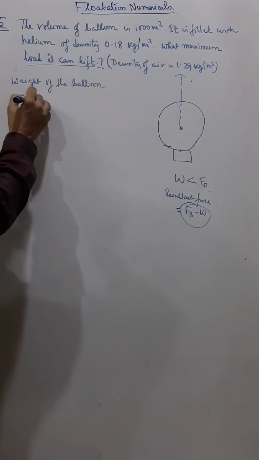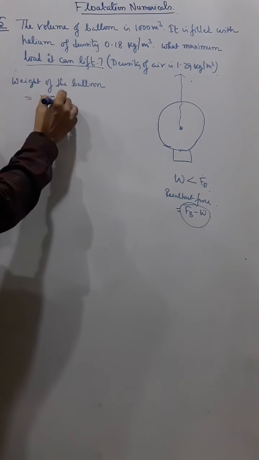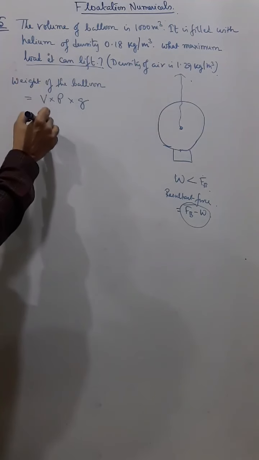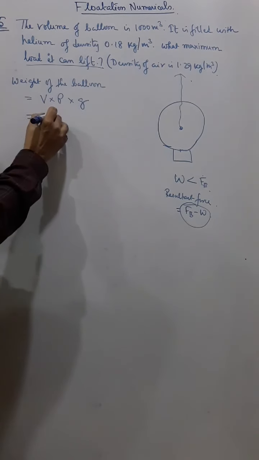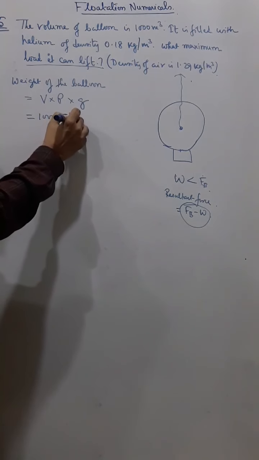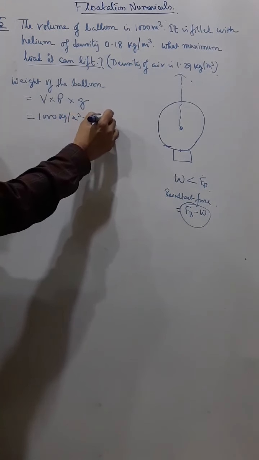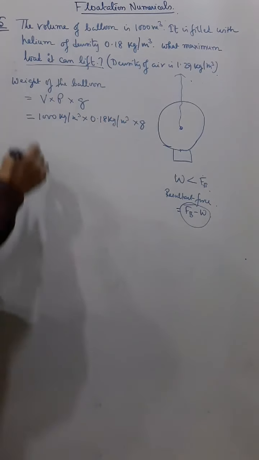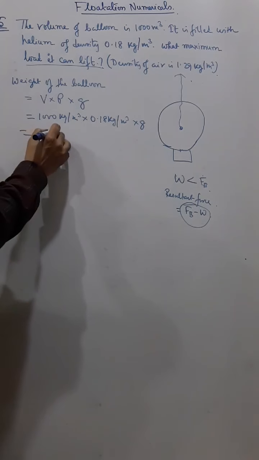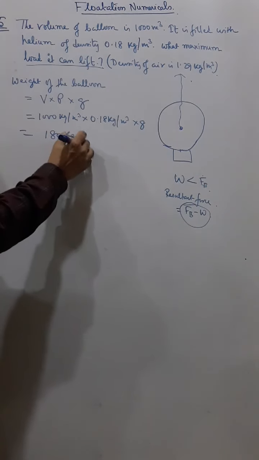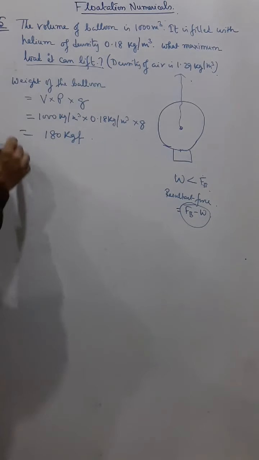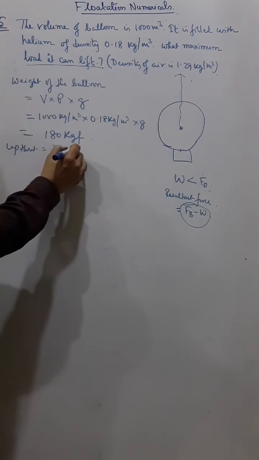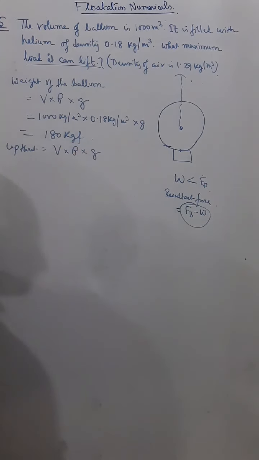Weight of the balloon is volume of the balloon into density into acceleration due to gravity. The volume of the balloon is given as 1000, into density 0.18 kg per meter cube, and G as G. So we are getting 180 kgf. That's the weight. Now upthrust is equal to volume of air displaced into density of air into acceleration due to gravity.